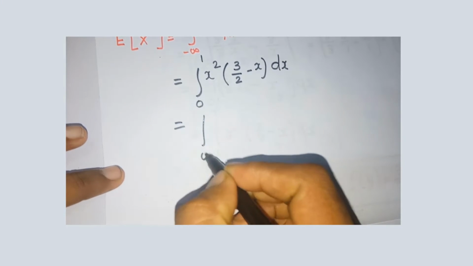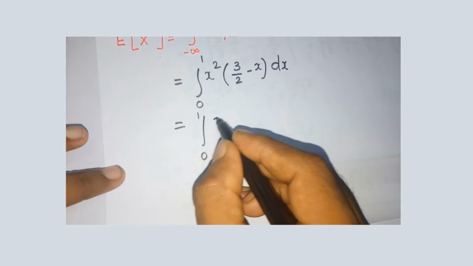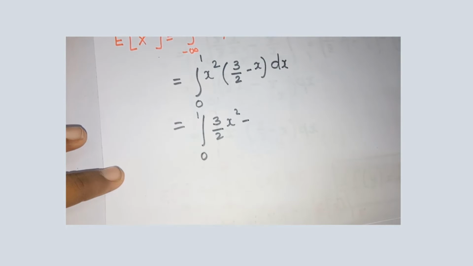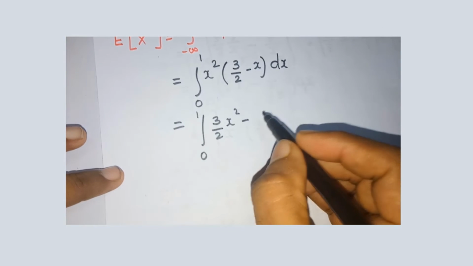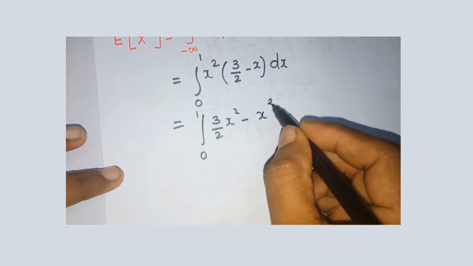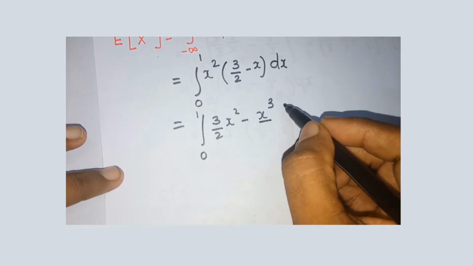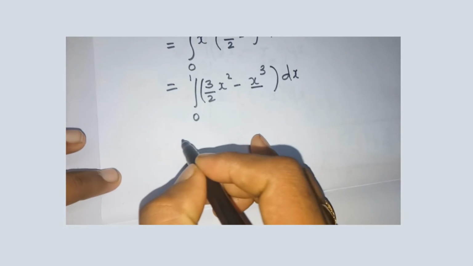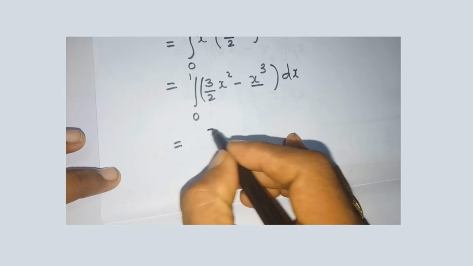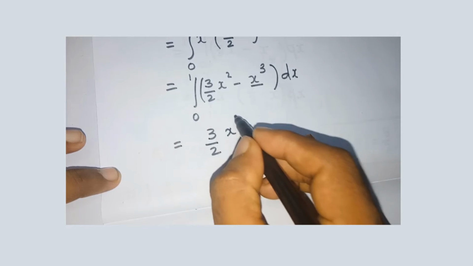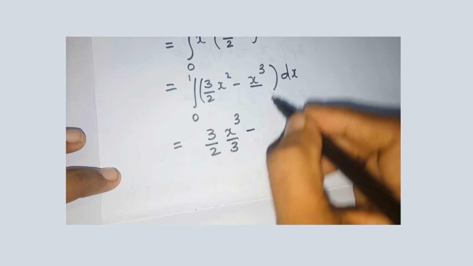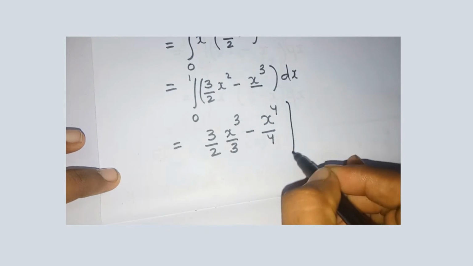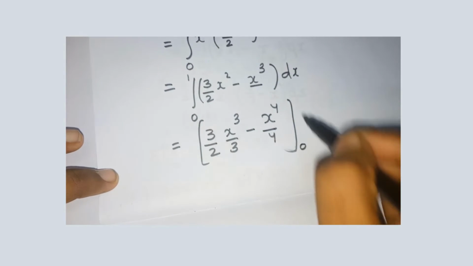We'll be getting integration from 0 to 1 of 3 by 2 x square minus x cube into dx. Now I'll do the integration. The integration of this is 3 by 2 x cube by 3 minus integration of x cube, which is x power 4 by 4, over the limits 0 to 1.